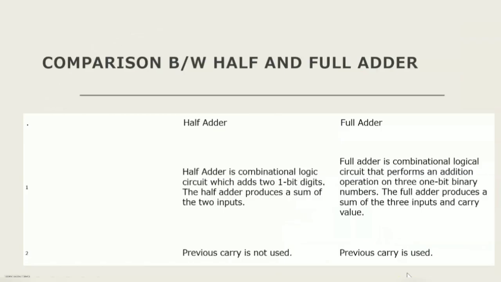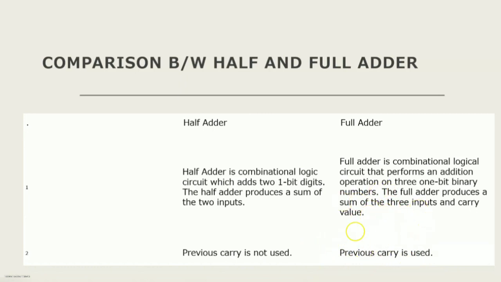Okay. Next, comparison between a half adder and the full adder. Half adder is actually a combinational circuit which can add two 1-bit numbers, and it will be producing the sum and carry of these two inputs.